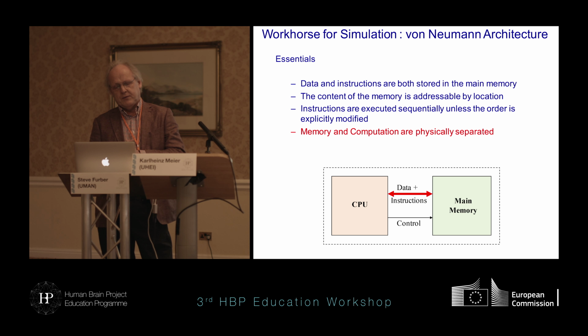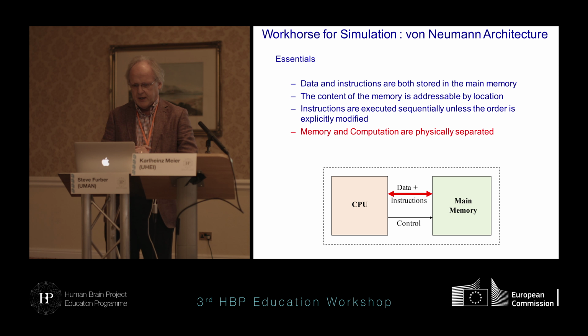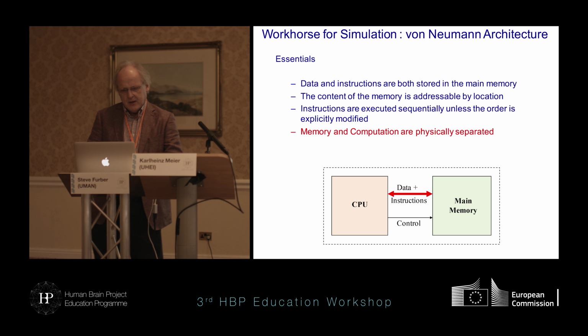And the principles of that computer are that we have data and instructions stored in a memory. The memory's a set of pigeonholes addressed by location, and what the processor does is it works sequentially through the instructions unless an instruction tells it to do something different.